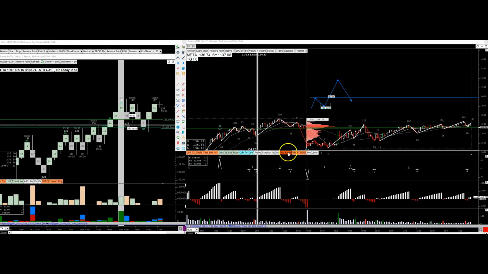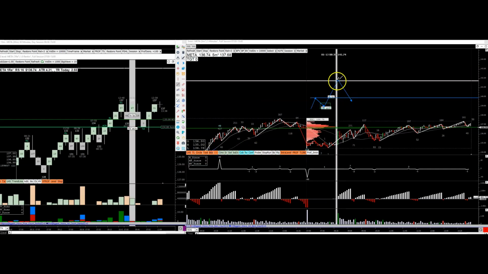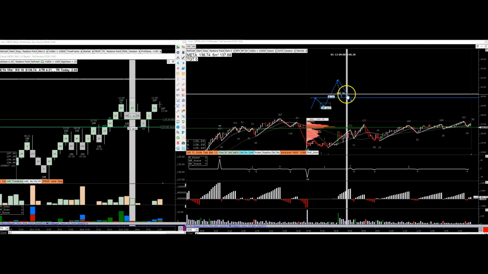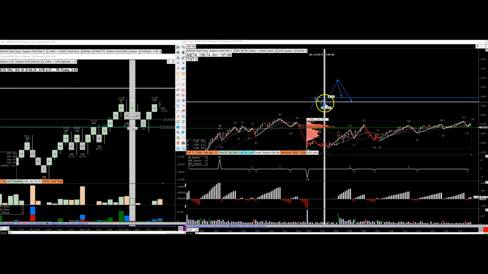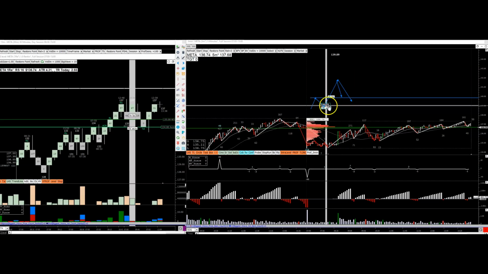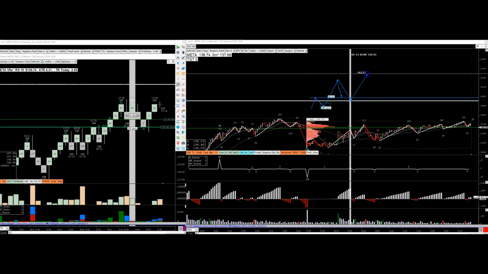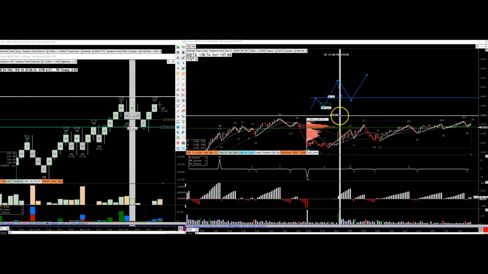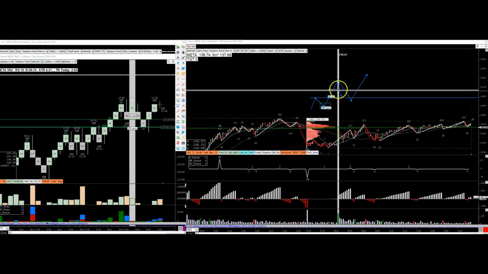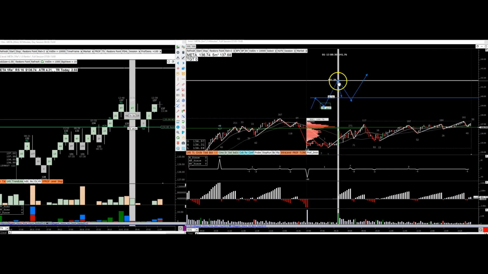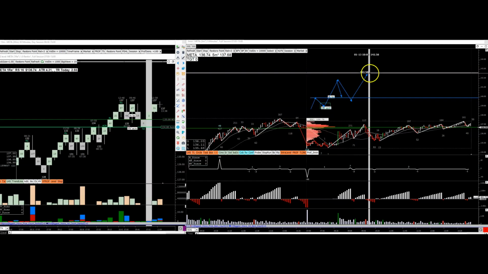A lot of times it tests the high volume breakout, bounces a little bit, and then goes down and tests the high volume accumulation brick, and then it goes up. So there are some variations: it could test the breakout, it could test the high volume accumulation area, or it can test both and then go.